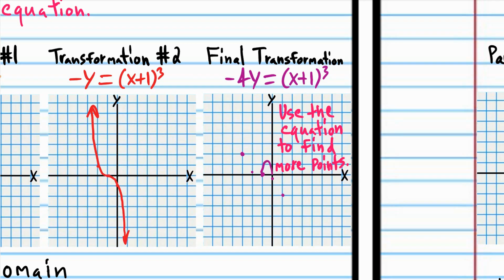But I'm going to plug in negative 4 now to the equation. Negative 4 plus 1 is negative 3. Negative 3 cubed is negative 27. And negative 27 divided by negative 4 is positive 6.75. So 1, 2, 3, 4, and up 1, 2, 3, 4, 5, 6, and then 0.75.